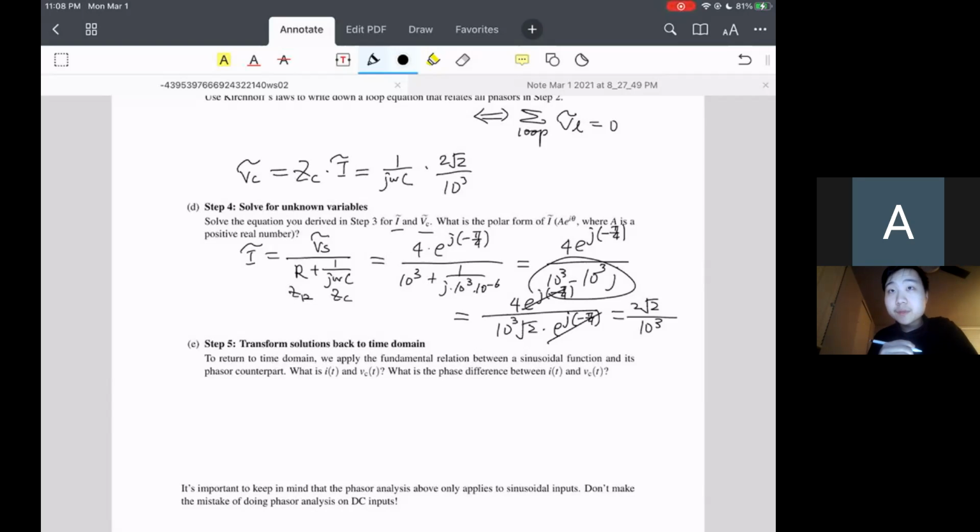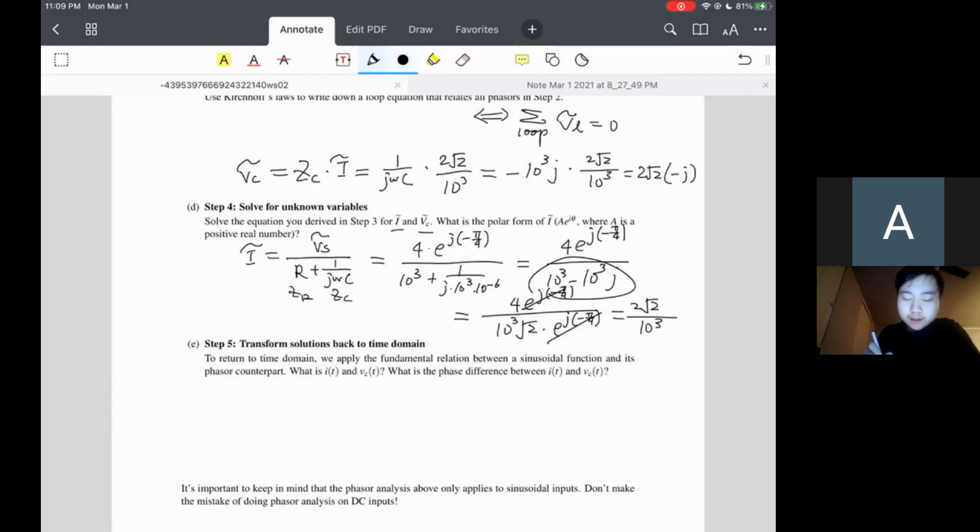And so this is equal to negative 10 cubic j times 2 root 2 over 10 cubic, which is then equal to 2 root 2 times negative j.